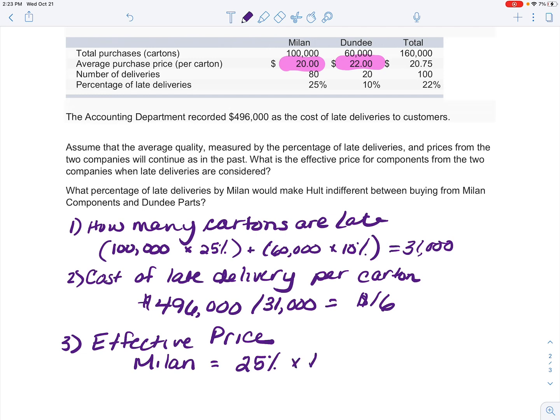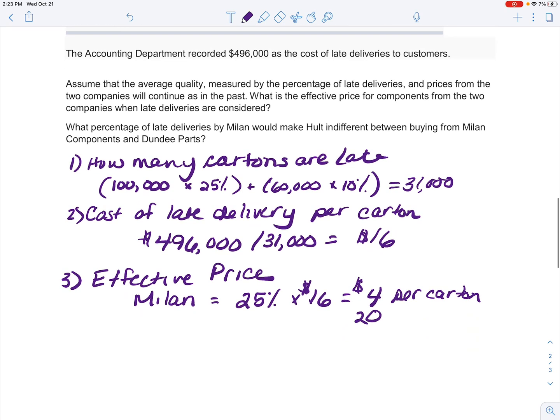So we take 25% of the $16 per carton, which is $4 per carton, that we need to add to that price. Our original price is $20. Therefore, our effective price is $24 per carton.